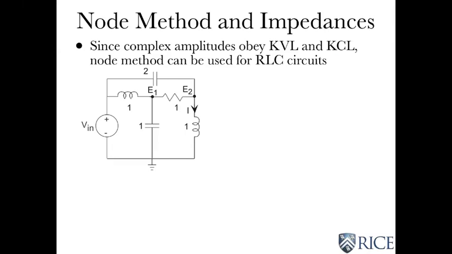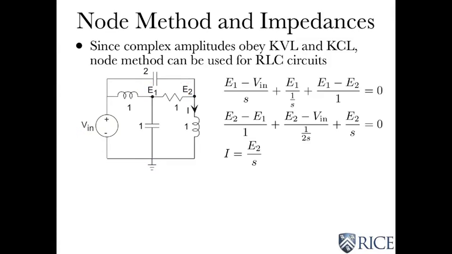So I took the simple circuit we used in our example and I replaced some elements by some inductors and capacitors. Again, using the convention that capital letters denote complex amplitudes, the node voltages are now complex amplitudes. That's a capital V, even though it may not look like it. You define a reference, and you do exactly what we did before.